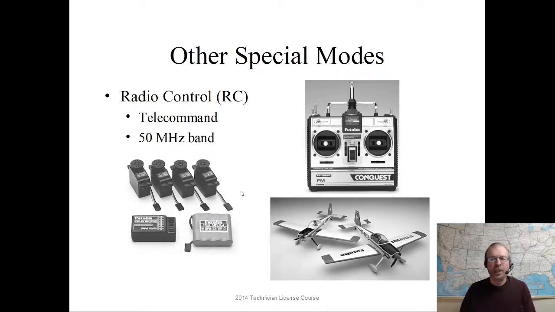Another special mode is radio control, or RC. This is telecommand, and you can use the 50 megahertz band, the 6 meter band, for that if you want. There are other frequencies available as well. What you're doing is controlling a model aircraft or a model boat or a model car using this radio control. You do have to have your amateur radio license to do this. This is one of the places where there's a little difference in how you identify your station.